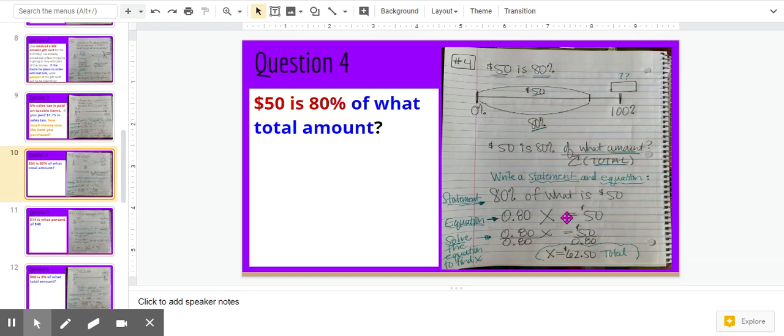And then is $50. So here's the 50 that we know from the story. 80% is 50, but it's 80% of what amount that we're looking for. So my equation: 0.8 or 0.80 times X equals $50.